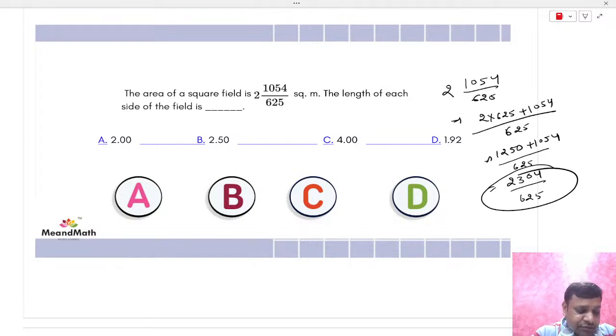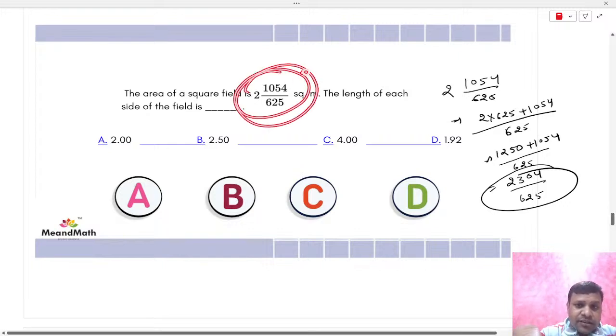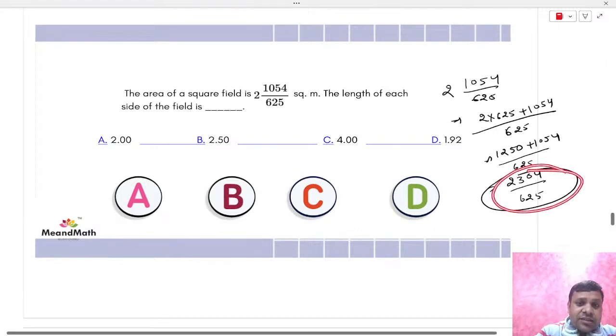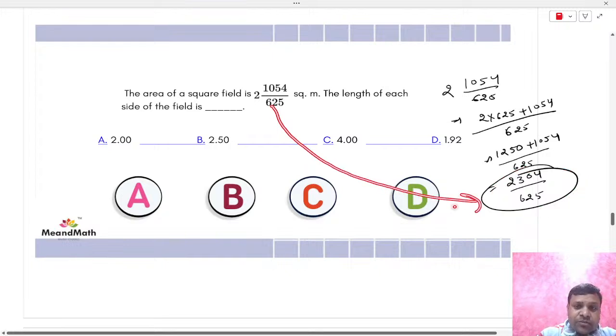Devsika, can you convert this fraction into the improper fraction? I just converted this fraction into an improper fraction. This is not the answer. The answer is the square root of this number. I just converted this fraction into an improper fraction or normal fraction.